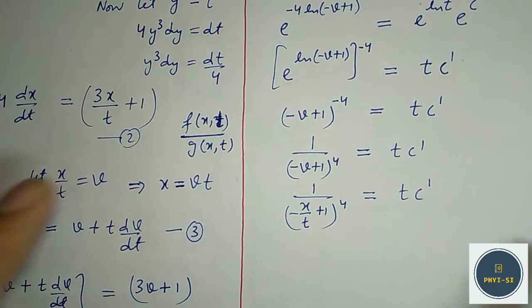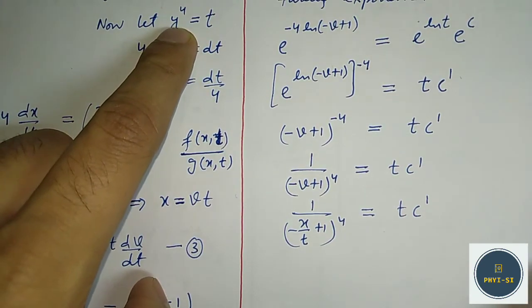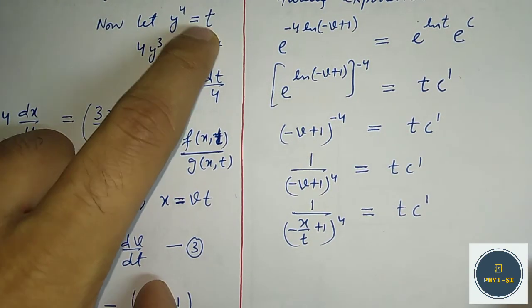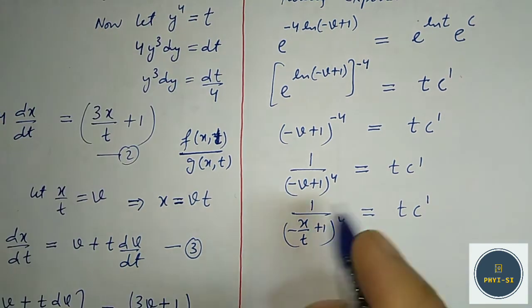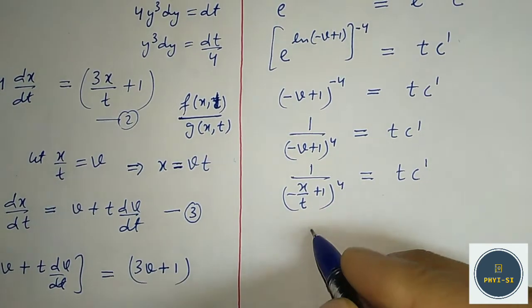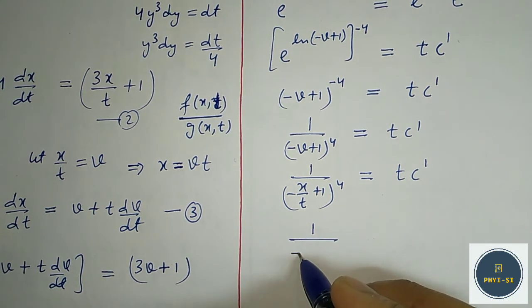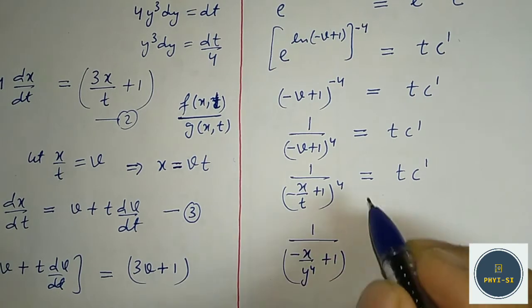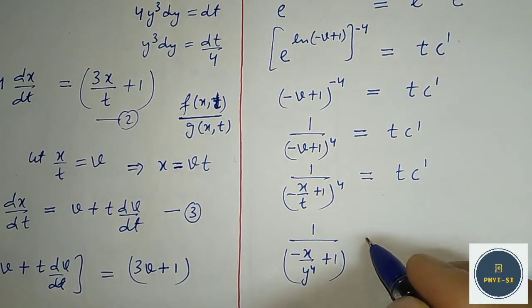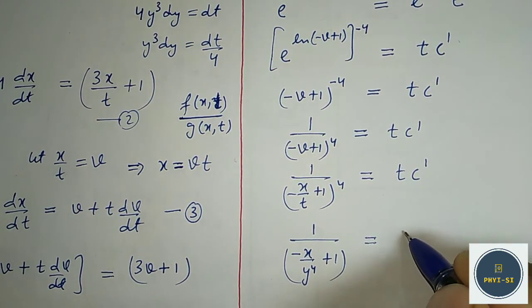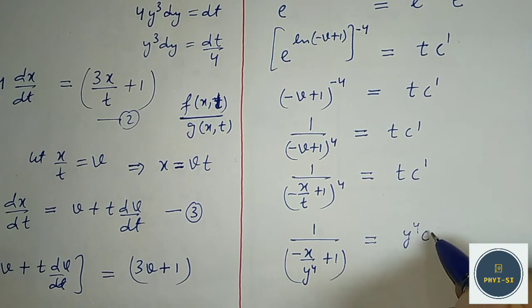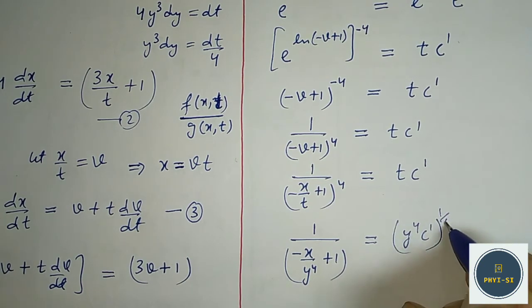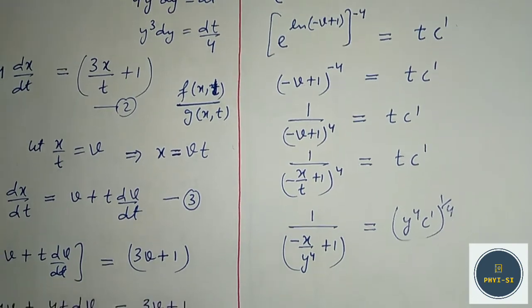Now we know that we have taken y raised to power 4 is equal to t, so putting t is equal to y raised to power 4, we will have the final answer. It becomes minus x upon y raised to power 4 plus 1, and taking this 4 on the other side, it will become y raised to power 4 c dash raised to power 1 by 4.